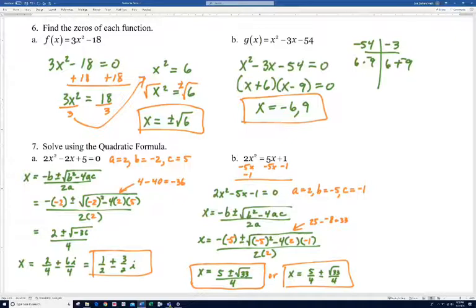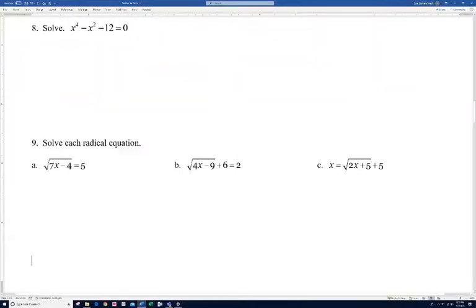All right, let's move on to number 8 here. So this is one that we said was quadratic in form. What do we mean by that? Well, notice if you had this equation, x squared minus x minus 12 equals 0, that is a quadratic equation, and we would use the AC method.